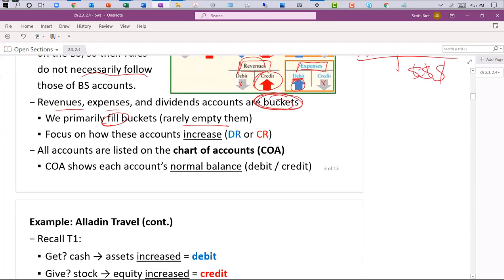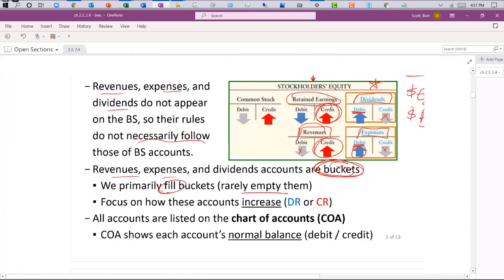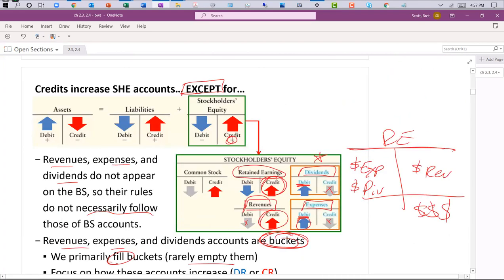There can be thousands of accounts that we use within the business, but generally speaking, they all can be categorized as asset accounts, liability accounts, equity accounts, namely any type of common stock, retained earnings, revenue, expense, dividend accounts.